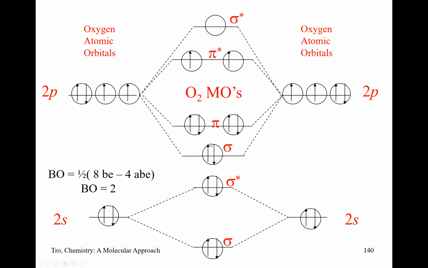So you get a sigma that overlaps and is positive, and a pi, the two leftover p orbitals that overlap, and you form those pi bonds. Constructive overlap is lower in energy. Destructive overlap gives you the antibonding orbitals at higher energy. And there's the same number of electrons on each atom, so 4 and 4 is 8.